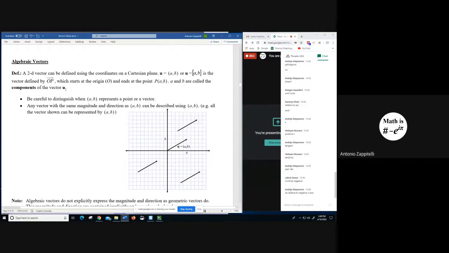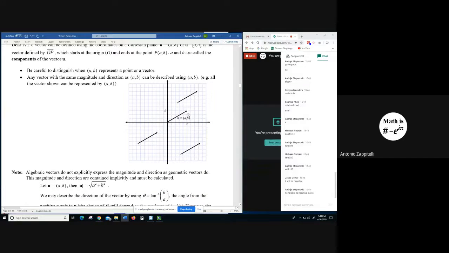And remember that when I define this vector, it's defined as the vector that starts at the origin, which we refer to as O, to some point. So notice here, when it's just a letter that doesn't have an arrow or is not bolded, this is the point AB as opposed to the vector AB. But while I define the vector starting from 0, 0 to a particular point, it remains that vector even if I move it around.